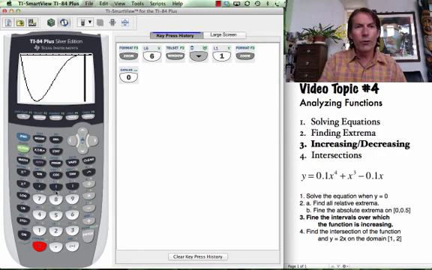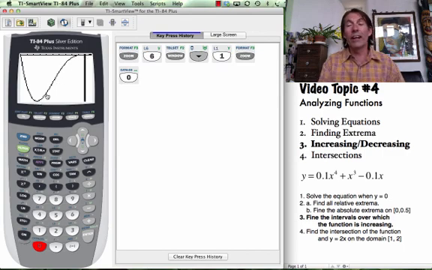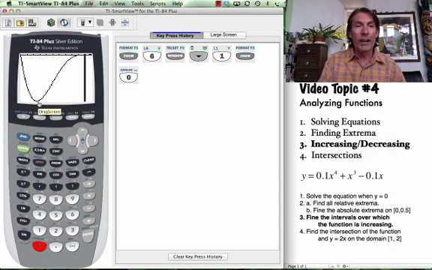Now if you remember, it actually has a relative maximum right there. So it's going to increase from this point right there to that point right there. So if we're going to find out where this is increasing, we have to find that minimum. So I'm going to do that now.